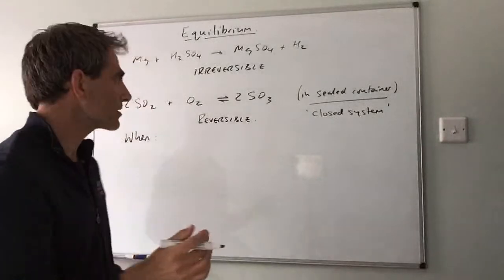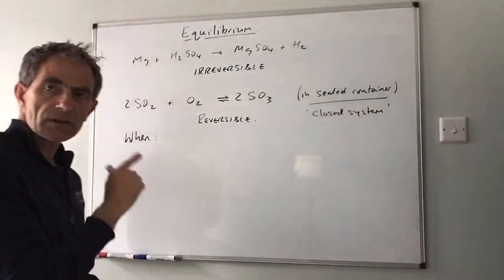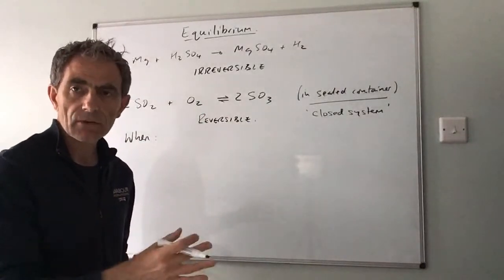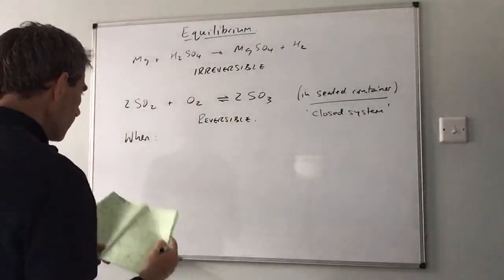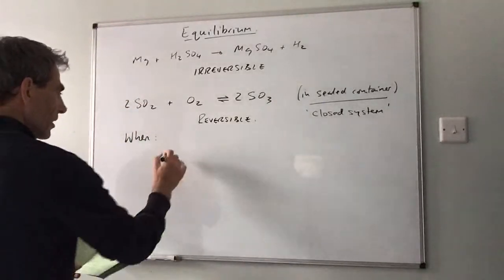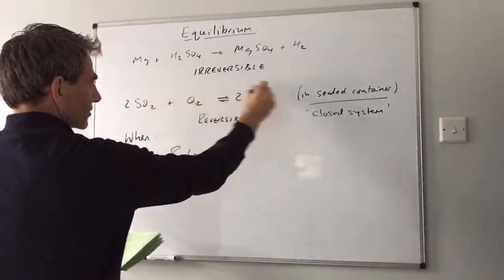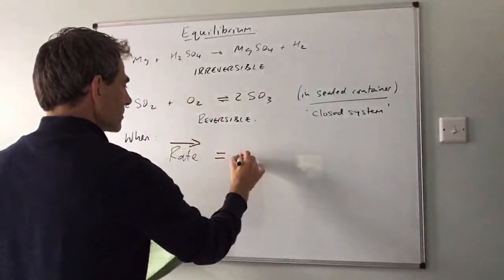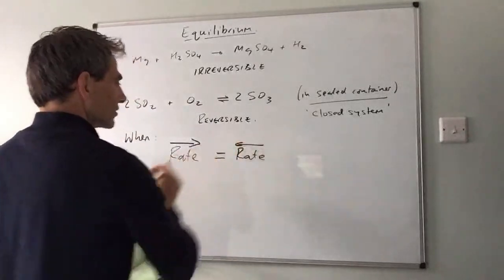When two conditions are met, you have what's called a dynamic equilibrium. I'll explain dynamic in a second. The first condition is when the rate of the forwards reaction equals the rate of the reverse reaction.